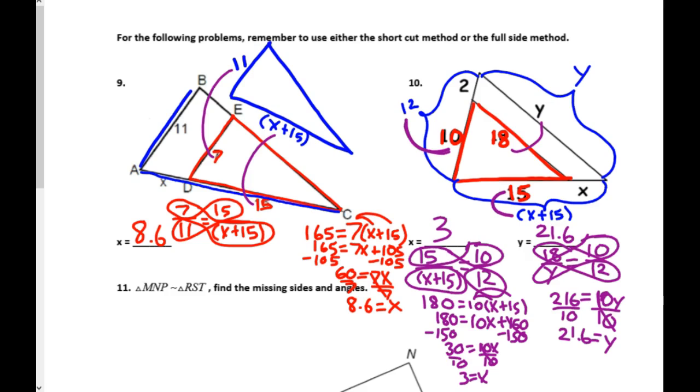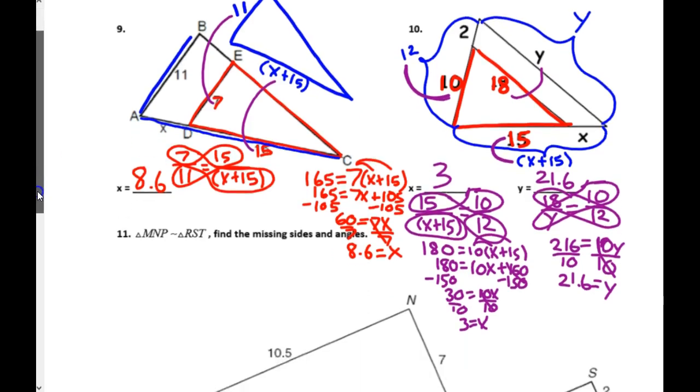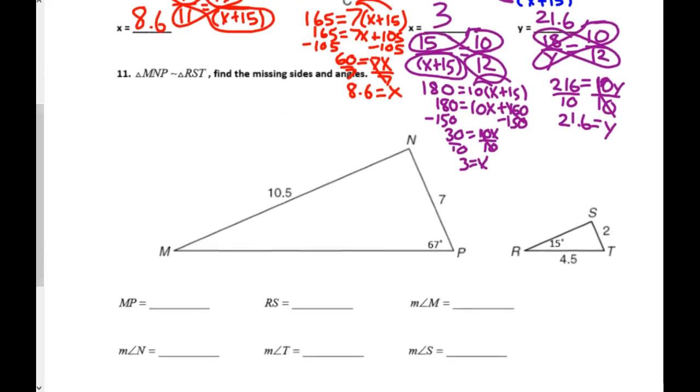Alright, so 18 over y, 10 over 12. Yep. Alright. So those are tougher. Sorry, there's not a lot of room on those, but you can do it.